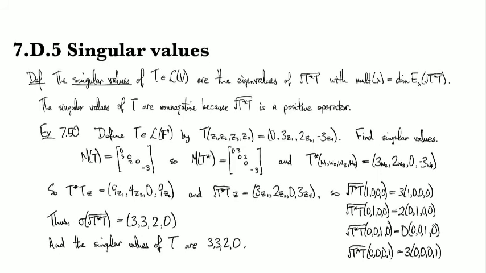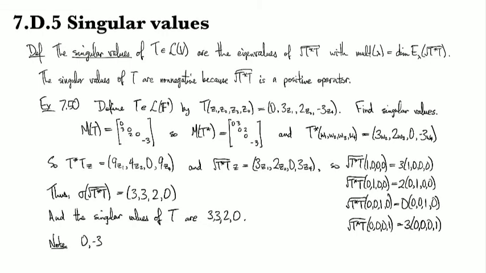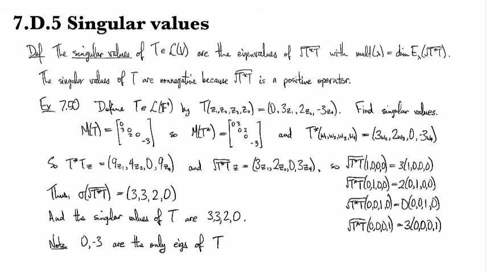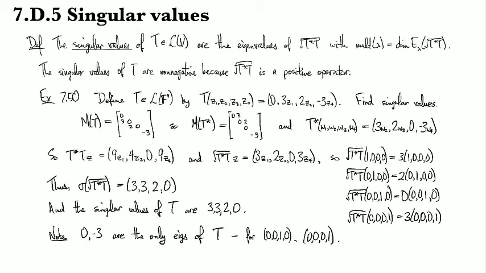It's interesting to notice something here, and that is that 0 and -3 are the only eigenvalues of T, and these correspond to the eigenvectors (0, 0, 1, 0) and (0, 0, 0, 1). You can check if you like: if you look for the eigenvalues and eigenvectors of T, that's all you'll find.